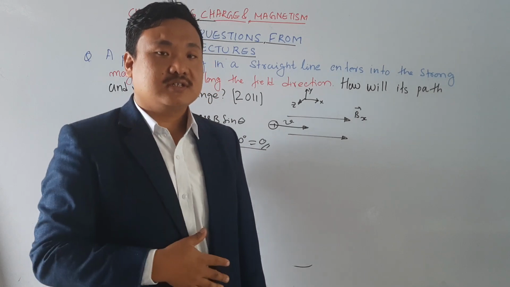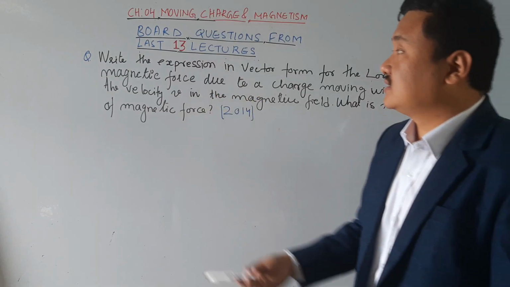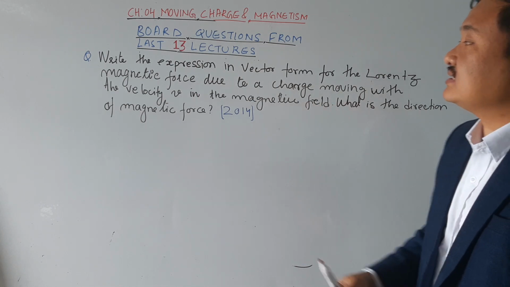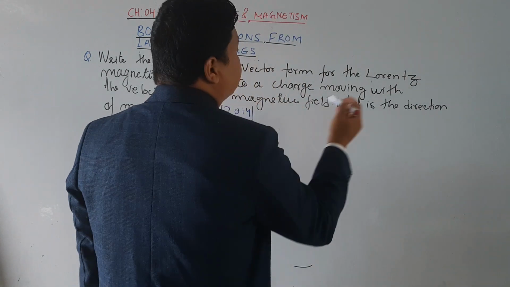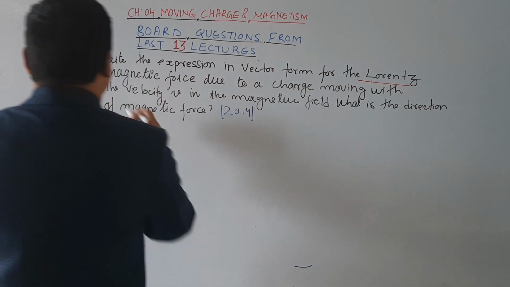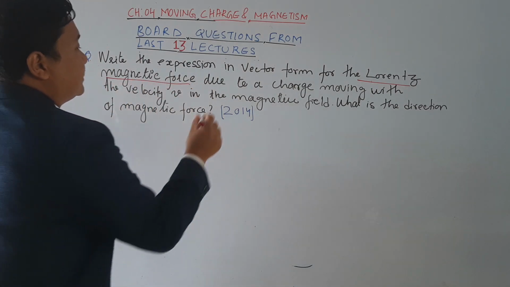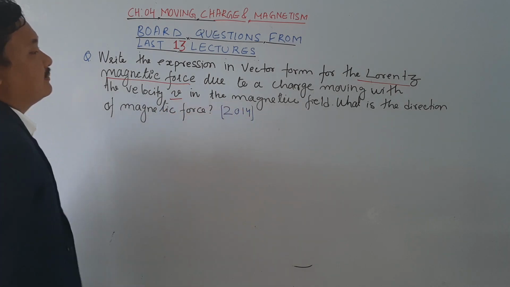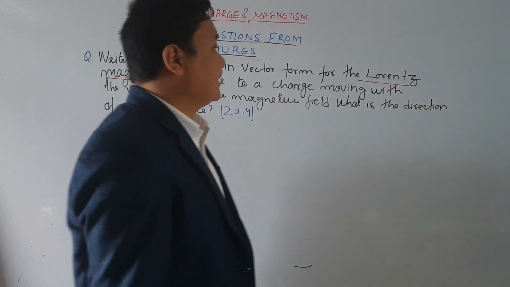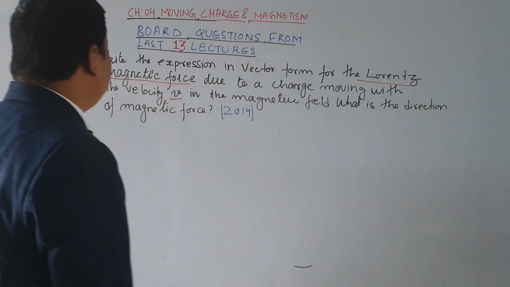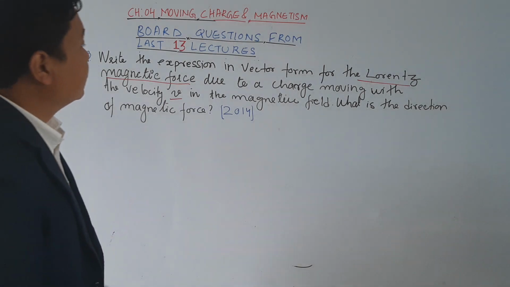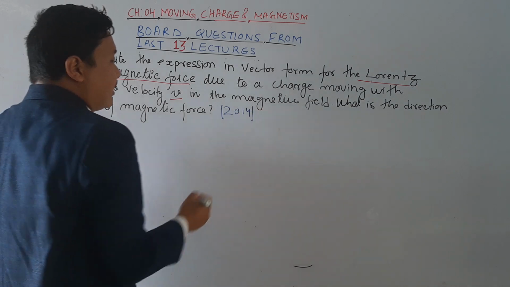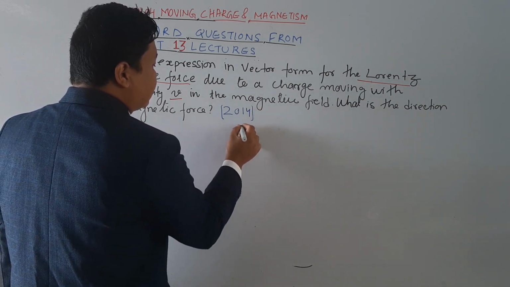The question says: write the expression in vector form for the Lorentz magnetic force. Please remember, this is for a charge moving with velocity v in the magnetic field. What is the equation of Lorentz force?